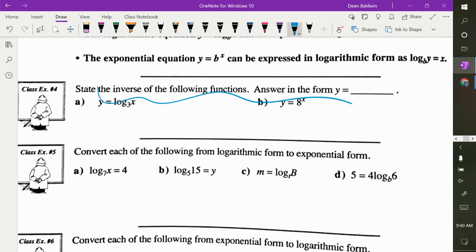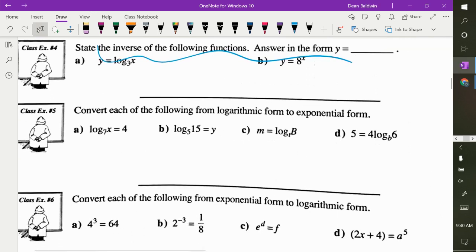Let's just convert. Okay. We're going to rewrite these in exponential form. So the first one, log base 7 of x is equal to 4. What do I write? Yeah. So the number being logged, or the variable in this case, x stays the same.